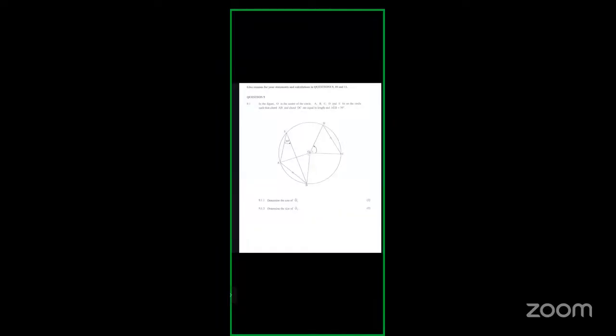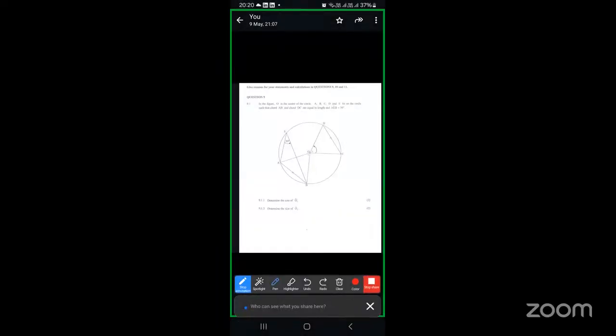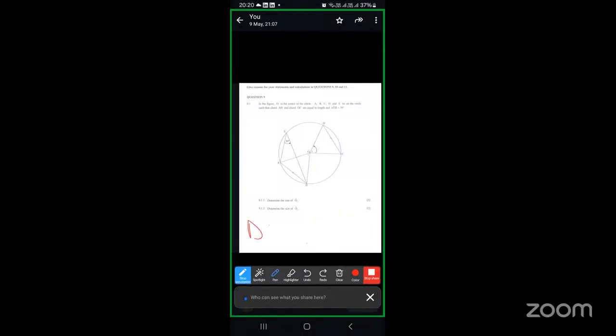So we have got this right in front of us. We have got the DRCPT. Let's first read the statement.